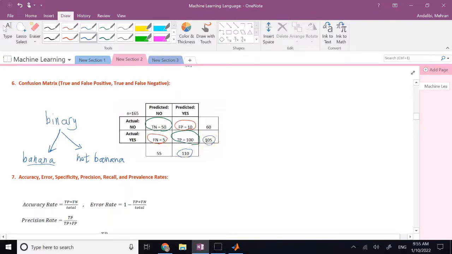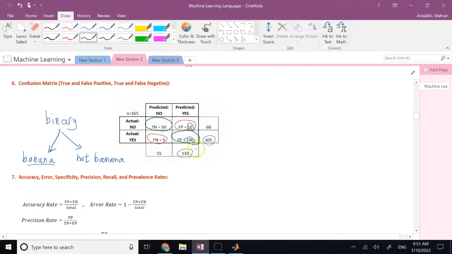No. Out of that, only 100 detected were bananas. So what does it mean about the rest of it? 10 of that were falsely detected as bananas. They were not bananas, they were apples or peaches detected.